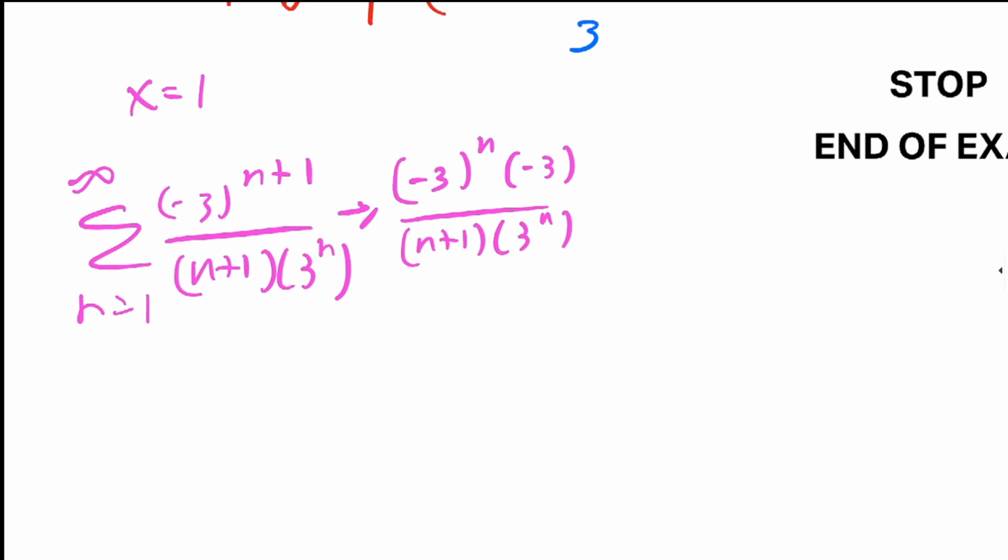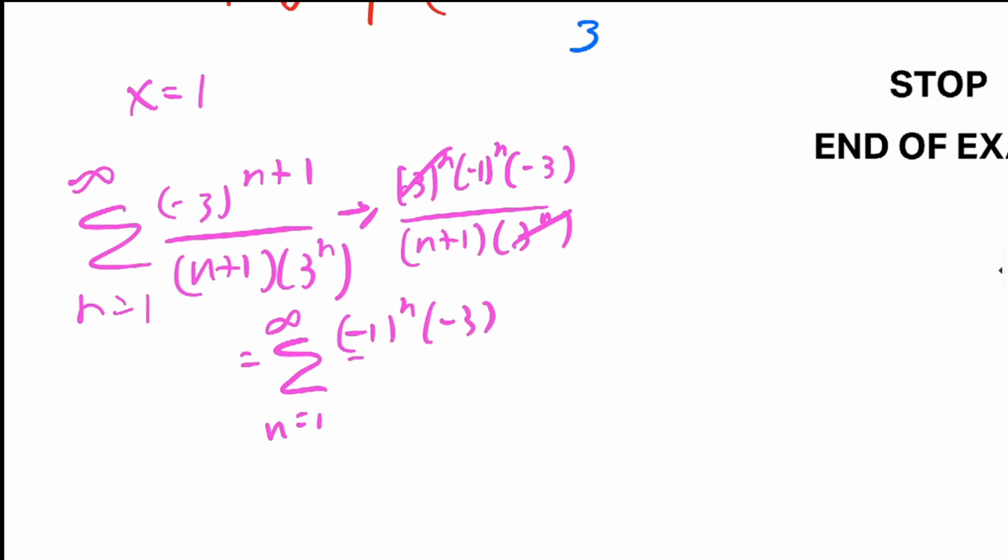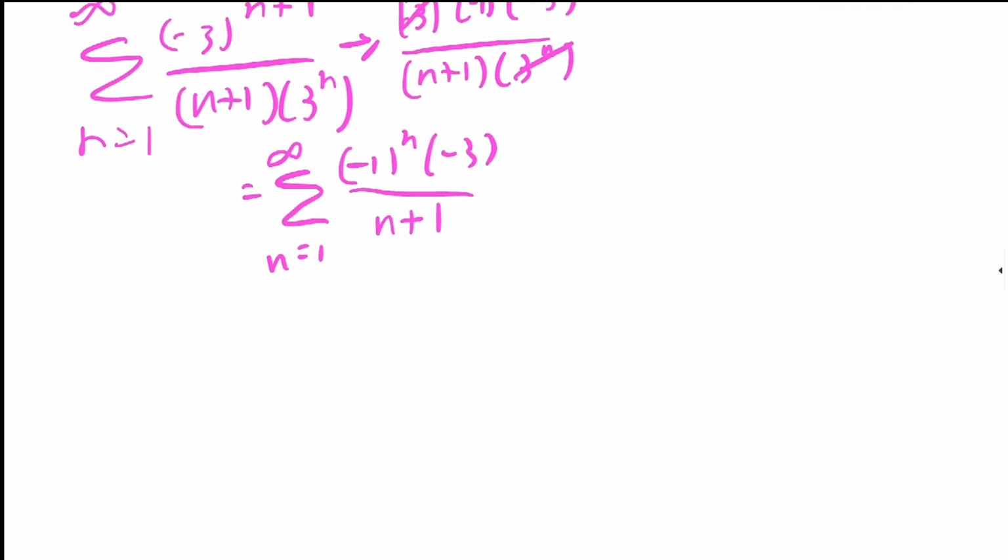Furthermore, I can expand this to 3 to the n times negative 1 to the n, right? And these two cancel out. So this is the same thing as the infinite sum of negative 1 to the n times negative 3 over n plus 1. And now we have a good old alternating series test.